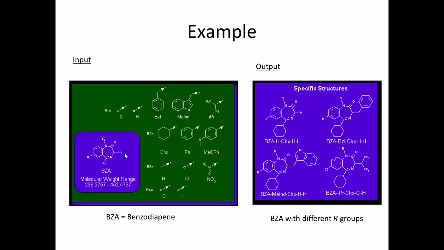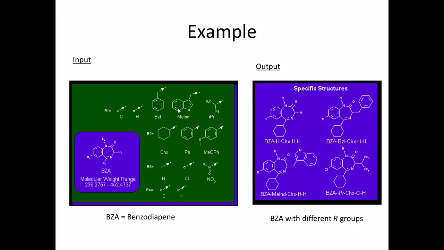We have spaces for each of these R groups to go on, and with that we can take a bag of these combinations and make a bunch of different benzodiazepine structures and test them and see what their activity is.